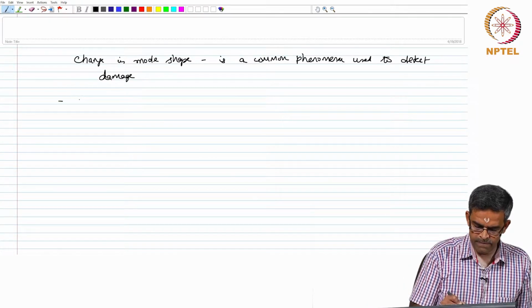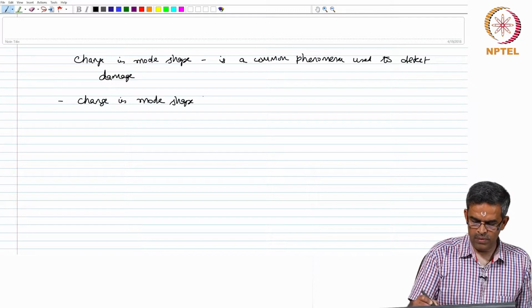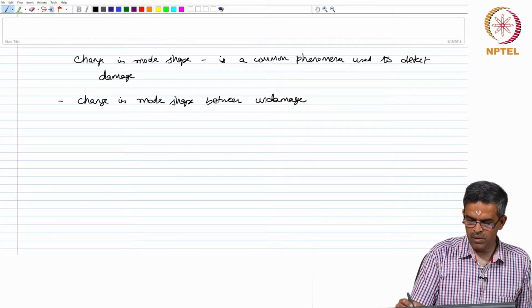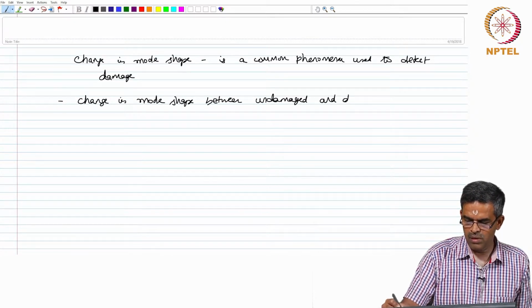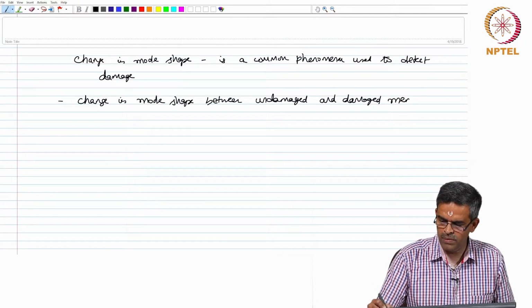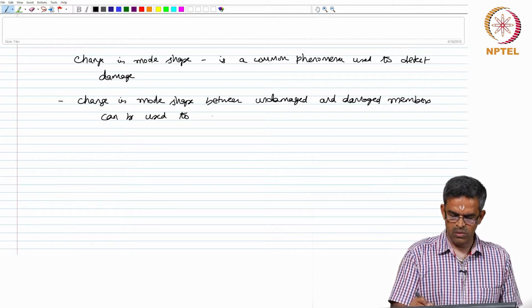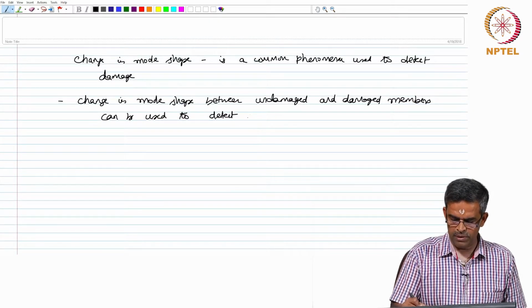That is, change in mode shape between undamaged and damaged members can be used to detect damage.